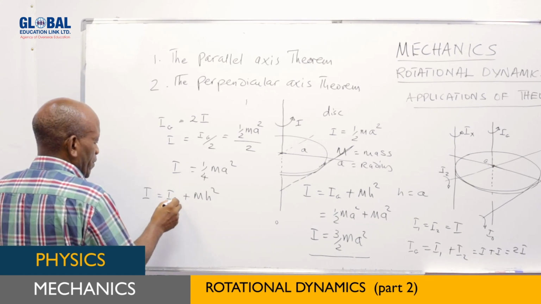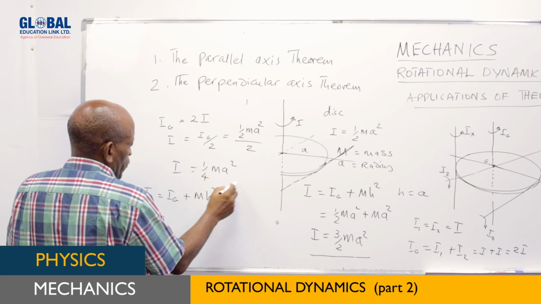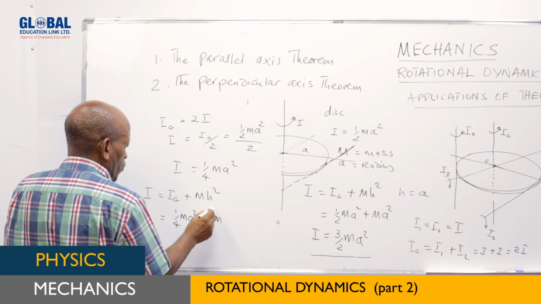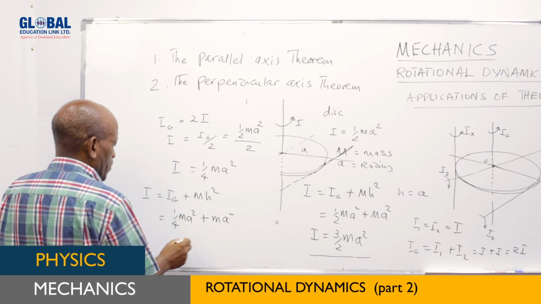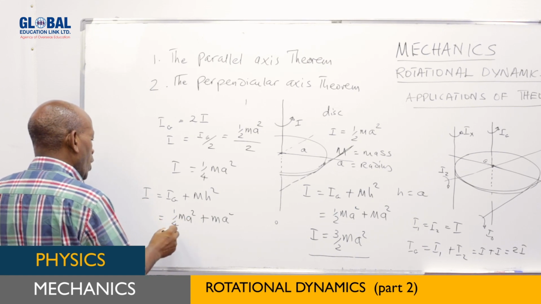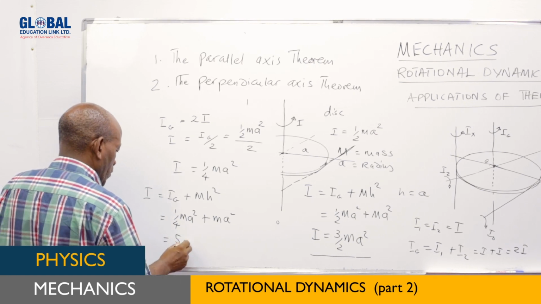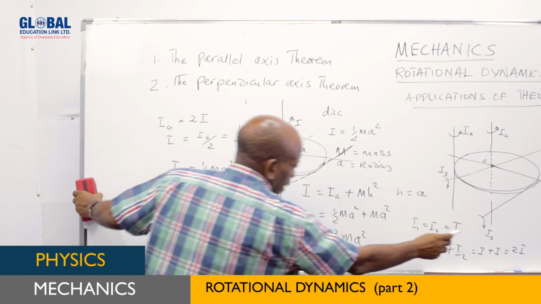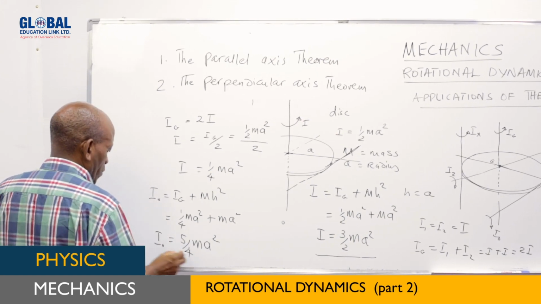The axis that is passing through the center of gravity over its plane will just be equal to a quarter times mass times radius squared, plus m, and this h is the distance separating the two parallel axes, which is equal to the radius, so it is just equal to that much. And if you add up here, you are going to get 5/4 times mass times radius squared. So this will be the moment of inertia of a body rotated through an axis IO. So this will just be equal to IO.